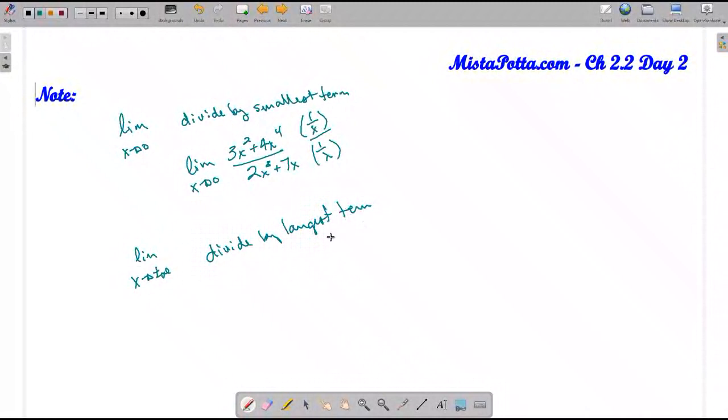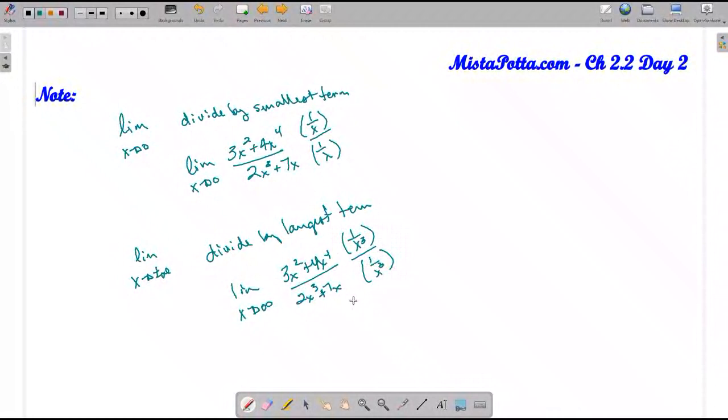So in this case, if I was looking for the limit as x approaches infinity of 3x squared plus 4x to the fourth over 2x cubed plus 7x, my largest term in the denominator is x cubed, so I'm going to be dividing by x cubed in the numerator and denominator.